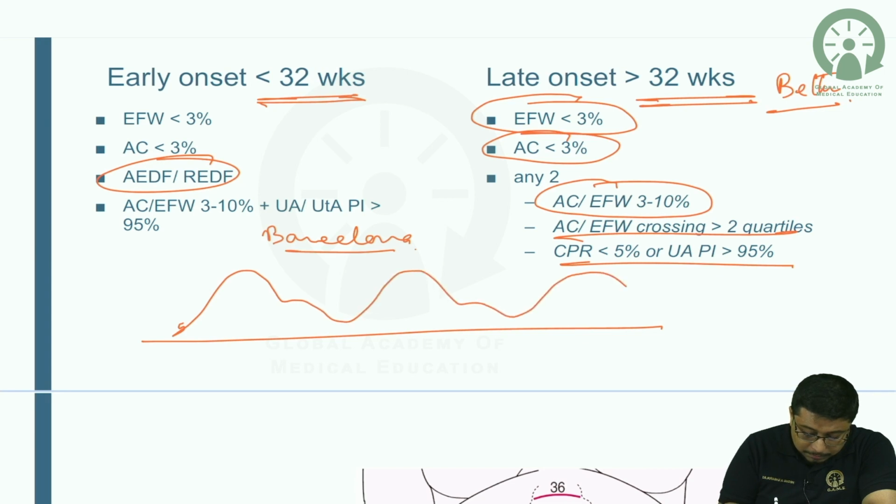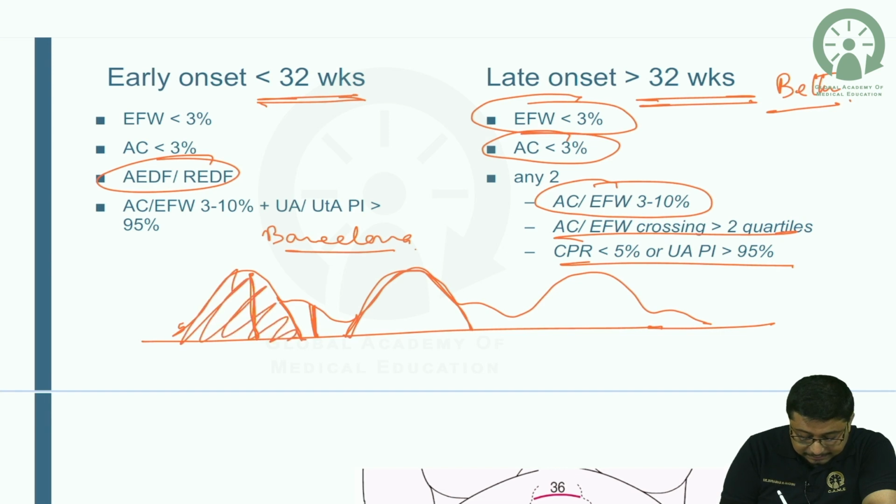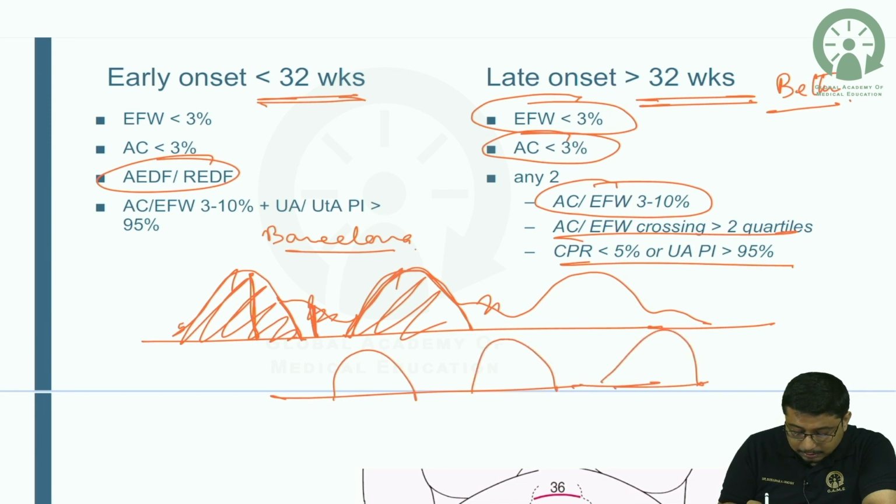So when the blood goes from the mother to the fetus, it is like this. There is more flow during the systole, less flow during the diastole. If the fetal resistance is so high that during the diastole there is no blood going to the fetus, like the graph is like this, this part is not there, only during systole the baby is getting blood.